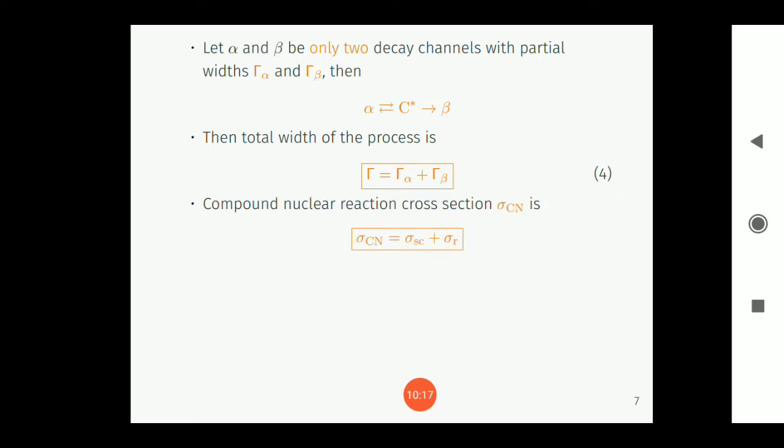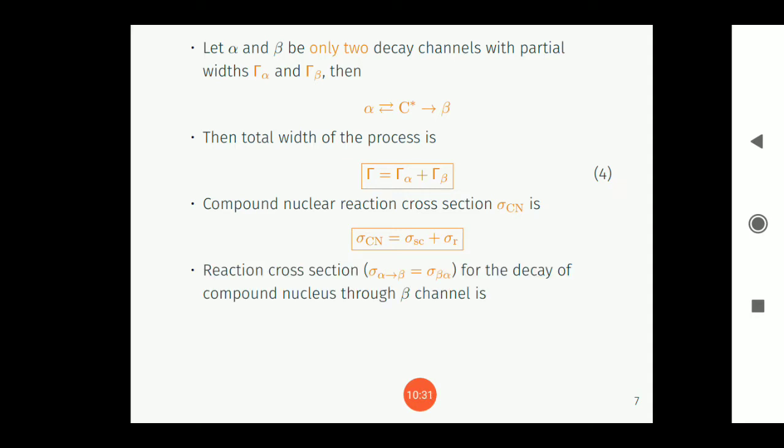Now the compound nuclear reaction cross section, which is the reaction cross section for the formation of compound nucleus, is the summation of reaction cross section and scattering cross section. Once we know this, then we can get the reaction cross section for the decay channel of the compound nucleus through a particular channel.